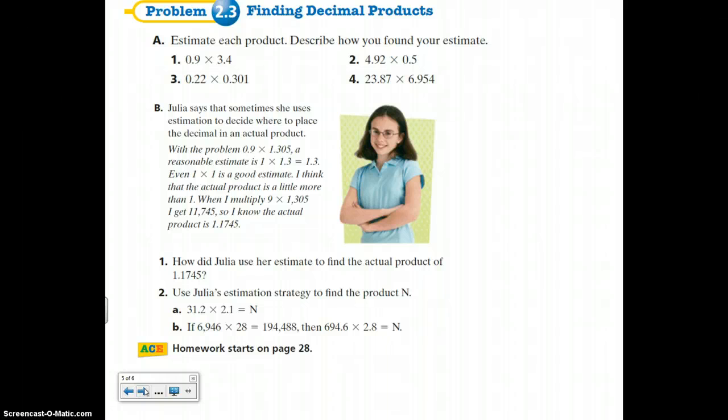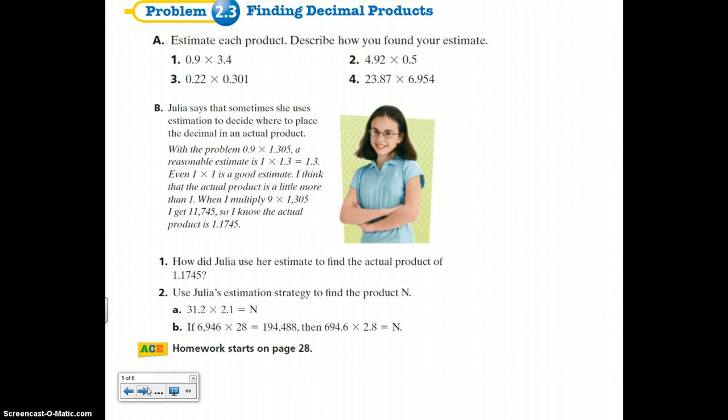Question B introduces Julia and her strategy. B says, Julia says sometimes she uses estimation to decide where to place the decimal point in an actual product. So for the problem 0.9 times 1.305, a reasonable estimate would be 1 times 1.3 is 1.3. You could even estimate 1 times 1.